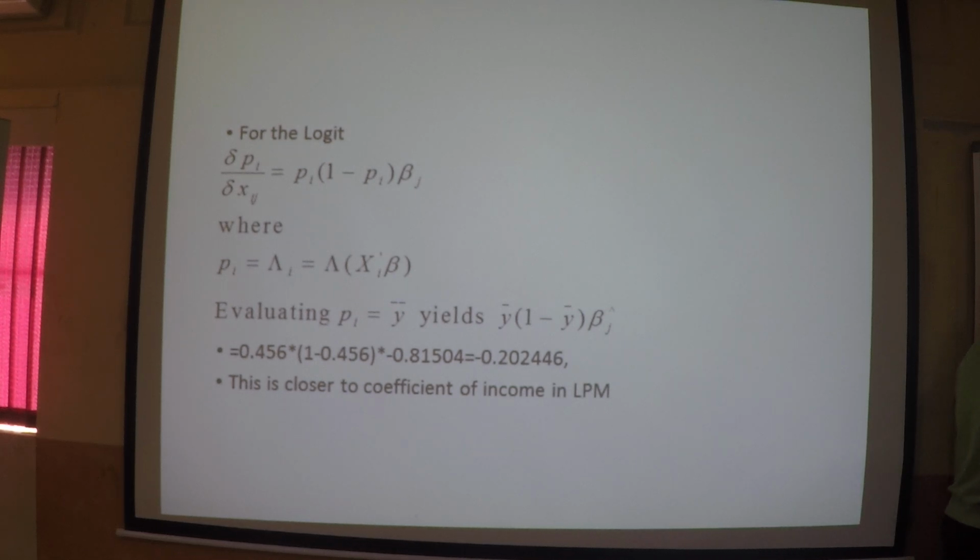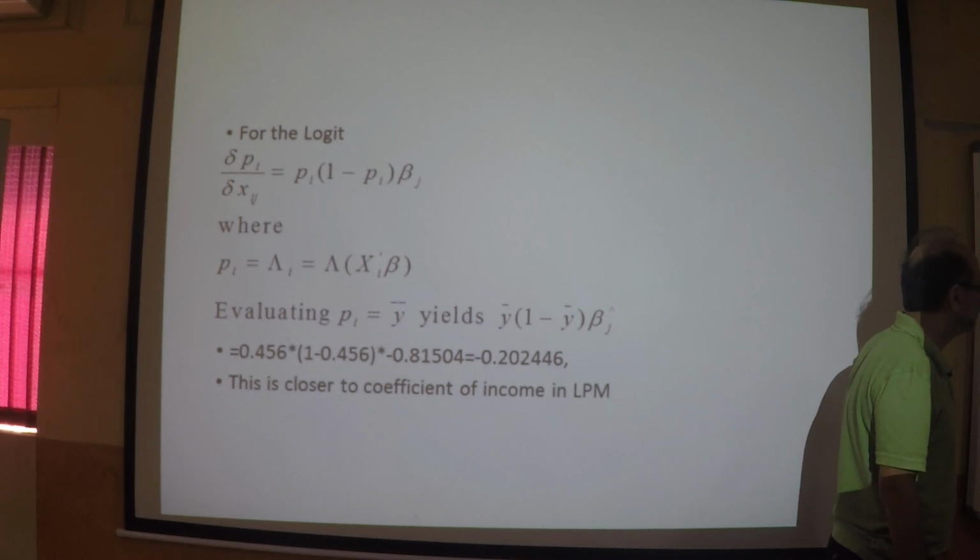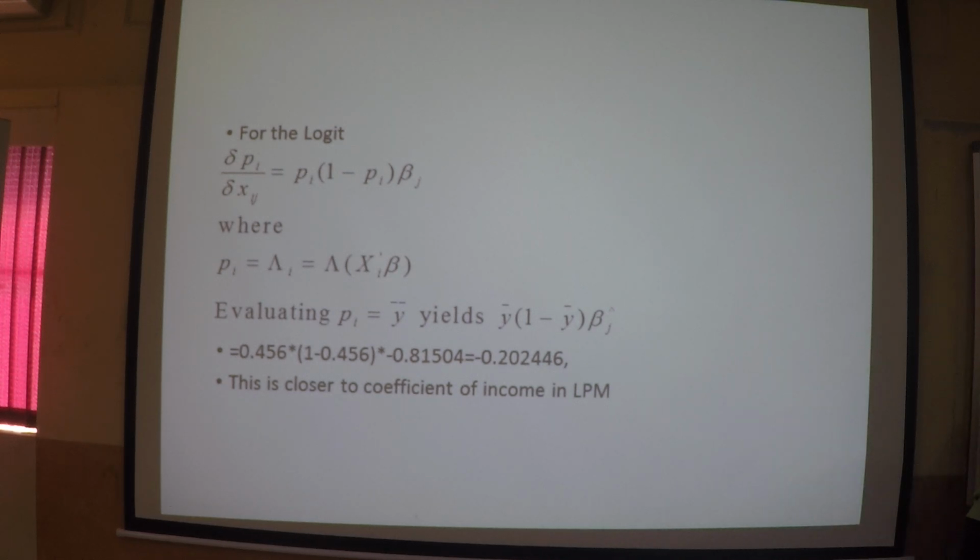But it's easier to think of pi upon 1 minus pi as equal to e raised to xi beta. So pi is e raised to xi beta times 1 minus pi. So the derivative of pi with respect to xi is beta e raised to xi beta times 1 minus pi. But e raised to xi beta is pi upon 1 minus pi. So pi upon 1 minus pi should cancel and you should actually get beta pi. The 1 minus pi will go, right?